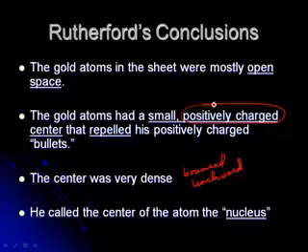What was really happening is you've got this positively charged particle coming close to the nucleus, positive and positive, they're going to repel each other, and so that repulsion deflected the particle and changed its path. And so that's where he came up with the conclusion that this nucleus, this dense center, that occasionally one of them would hit it straight on and bounce back, had positively charged particles in it.